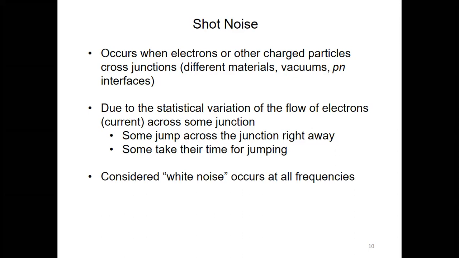Right? So, due to the statistical variation of electrons across junctions, when the current flows through a junction, the electrons or other charged particles can either jump across the junction right away, or it will take some time for the electron to jump.